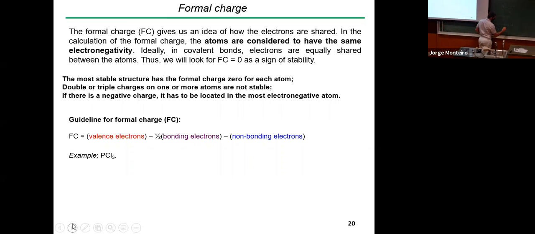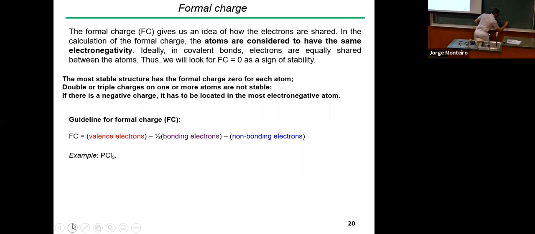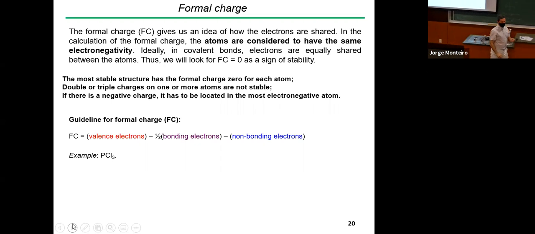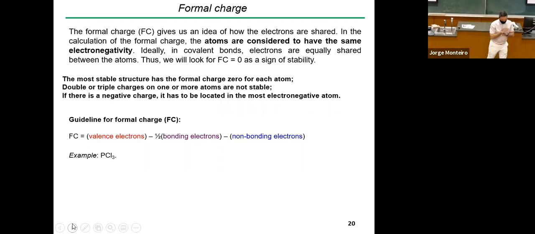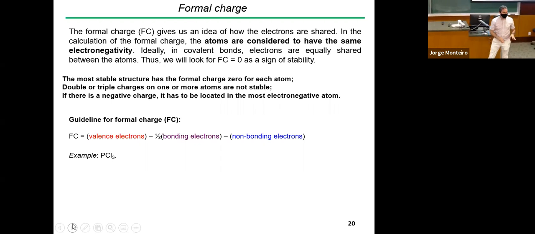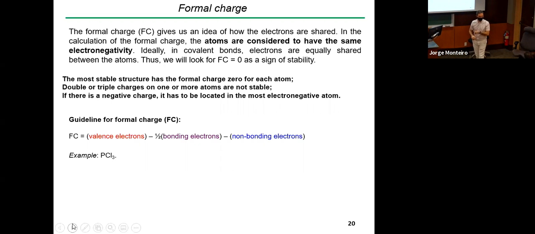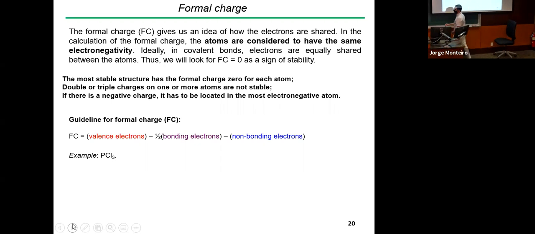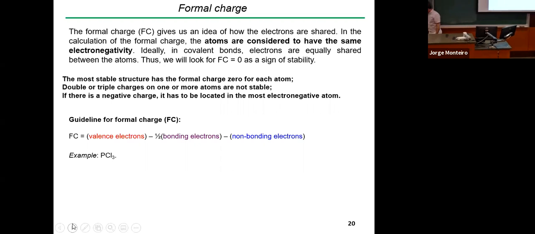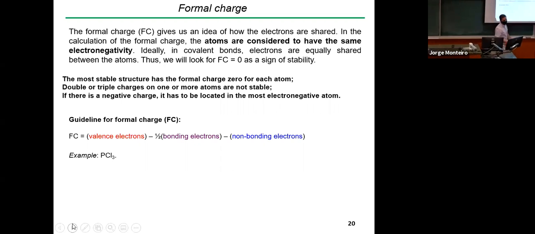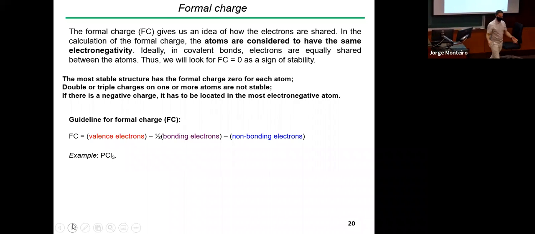So therefore 6 minus 4, that's a +2 formal charge. So we fell in the case of a double formal charge. That's by itself unlikely to happen. This structure is not the most stable one. Okay? Just the fact that we have a +2 formal charge drags the stability down for that structure.